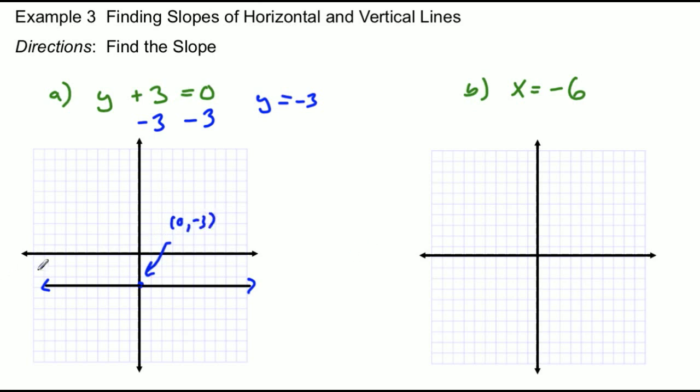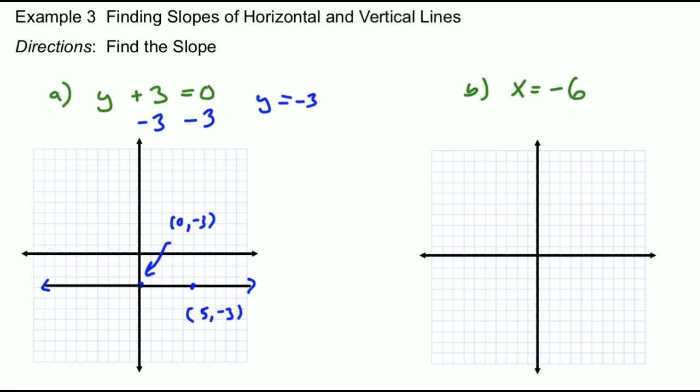Let's choose any other coordinate point, maybe this one right here. That's the point 1, 2, 3, 4, 5, so that's the point 5, -3. If I want to find the slope between 2 points, I just subtract the y values and subtract the x values.